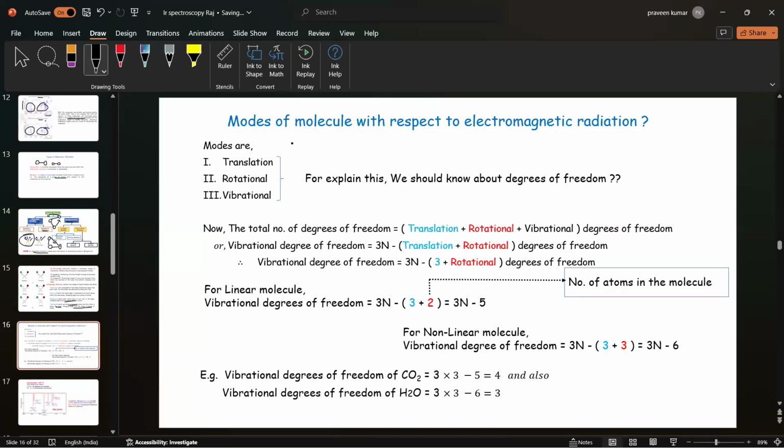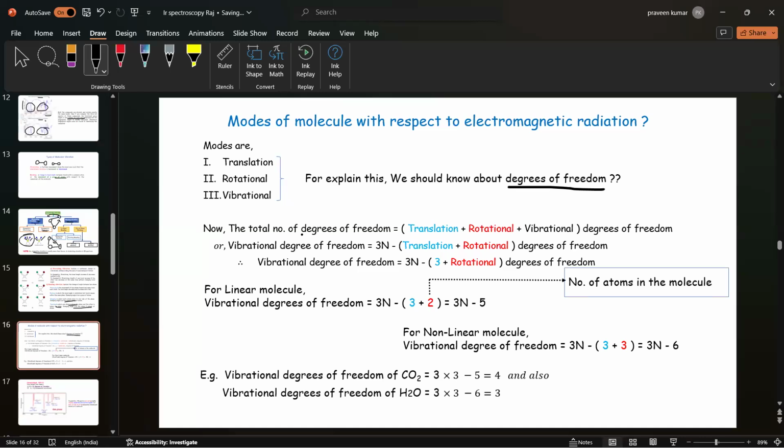So basically, in a molecule, three modes exist: translational motion, rotational motion, and vibrational motion. We should know about the degrees of freedom.